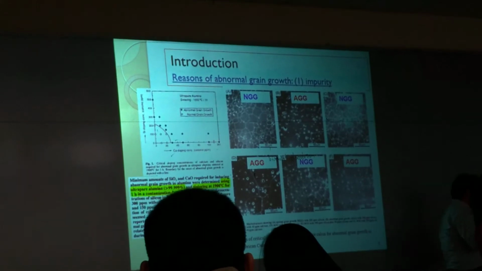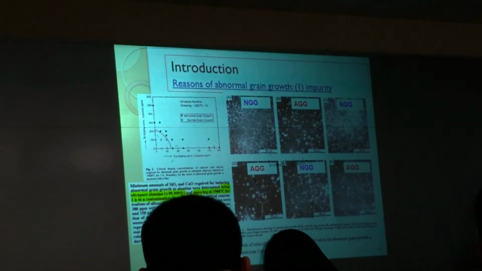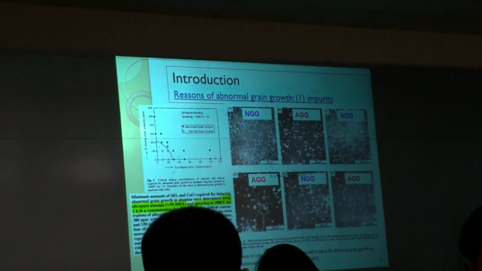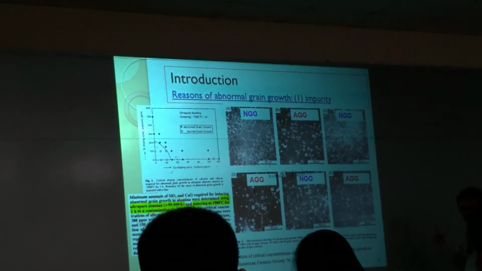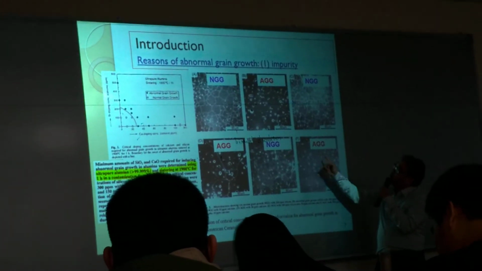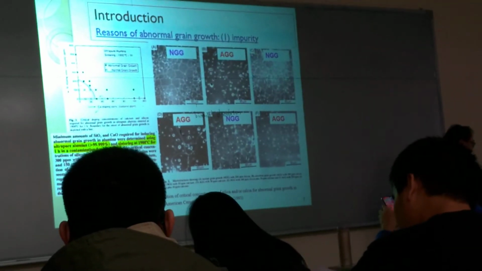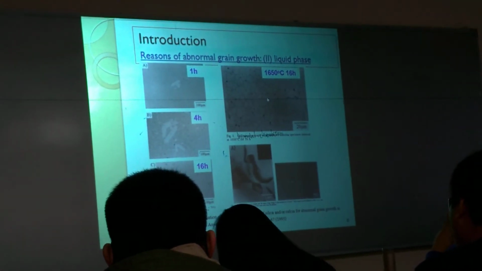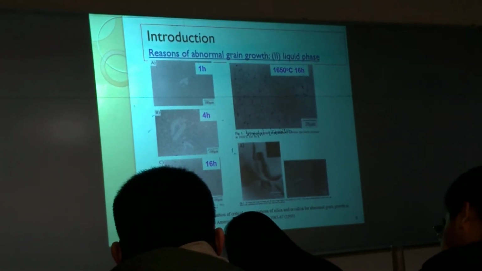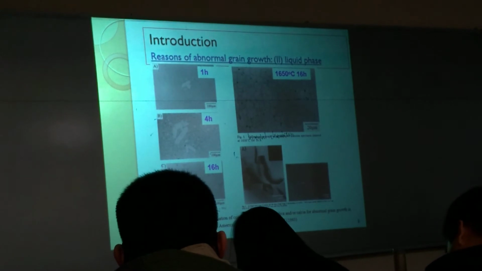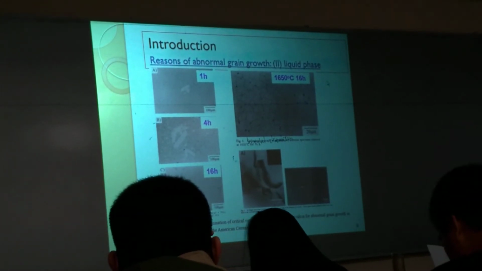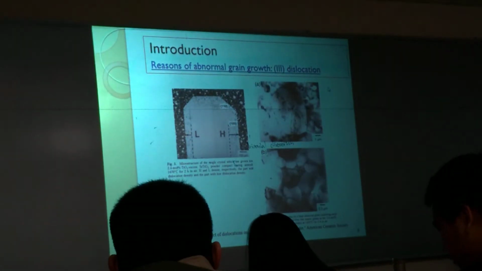Because the impurity amount is very small, it's impossible to distribute homogeneously. For the liquid phase also, it needs to be non-homogeneously distributed in your matrix system. The third one will be dislocation.